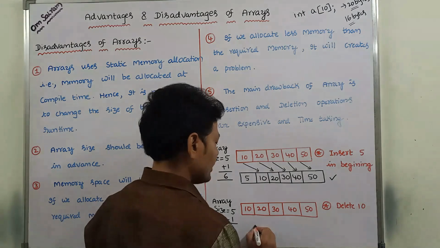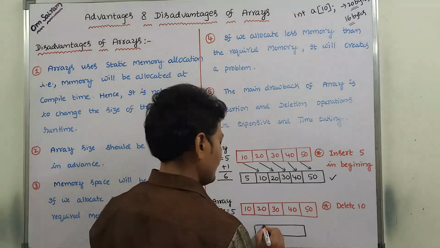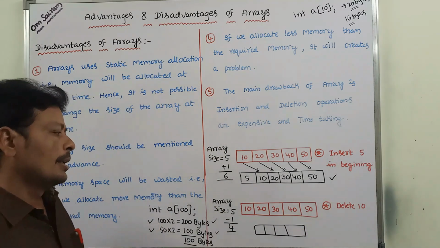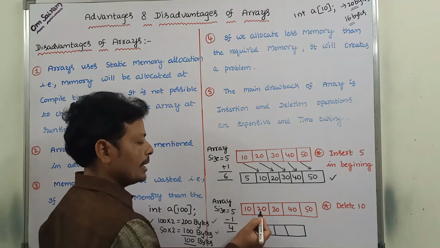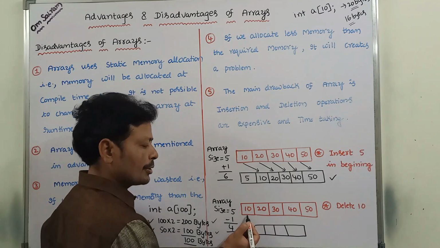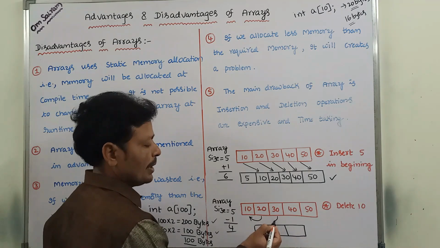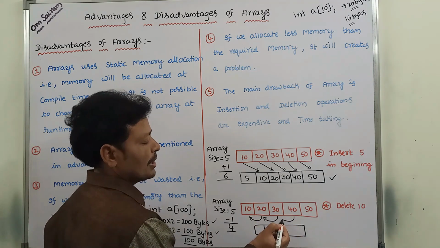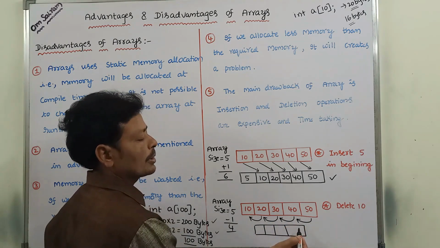So now I am taking only 4 elements. Okay. So after deleting 10, 20 can be shifted to this place, 30 can be shifted to this place, 40 can be shifted to this place, and 50 can be shifted to this place.